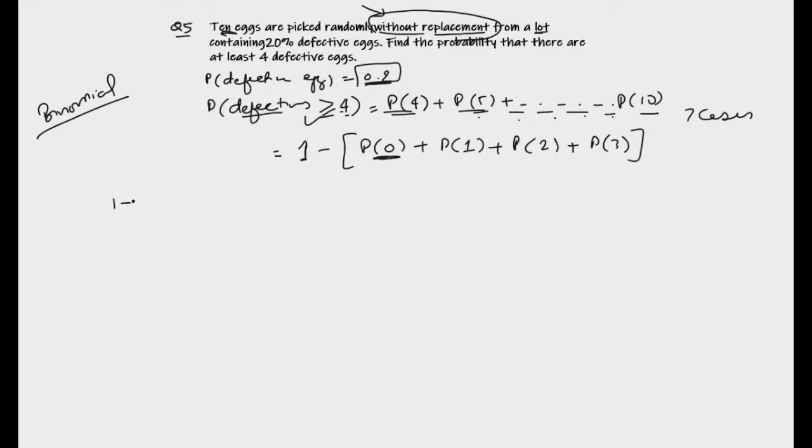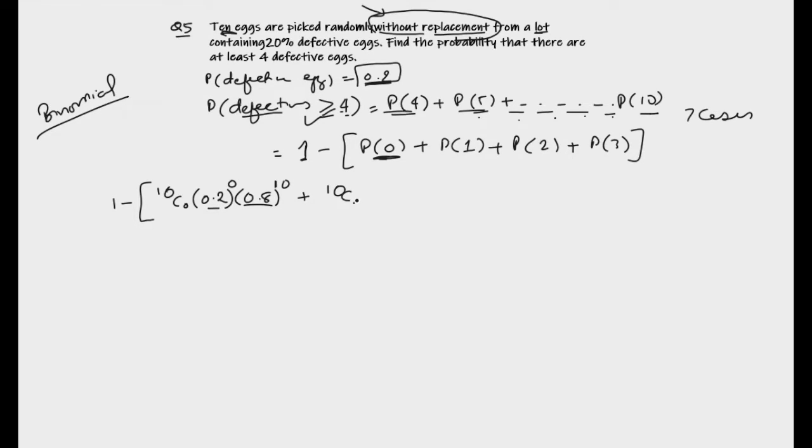So it will be 1 minus P0, probability that none of them is defective. We will write 10C0, none of them is defective. That means the probability of defective will be to the power 0, but the probability of the good ones will be 0.8 with exponent 10. All of them are good, none of them is defective.